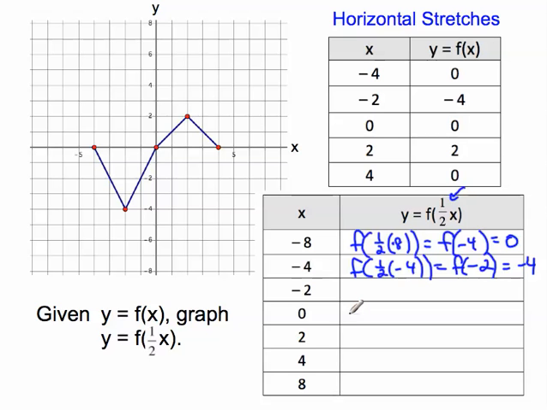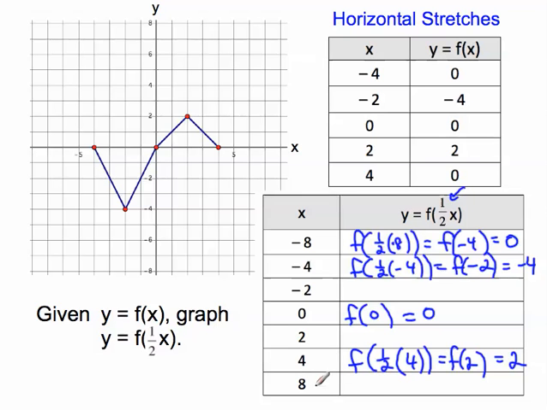So let's go to x is equal to 0. When x is equal to 0, a half of 0 is still 0, so we're looking for f of 0 from above, which is 0. When x is equal to 4, we're looking for f of a half of 4, which is equal to f of 2. And looking above, f of 2 is 2.